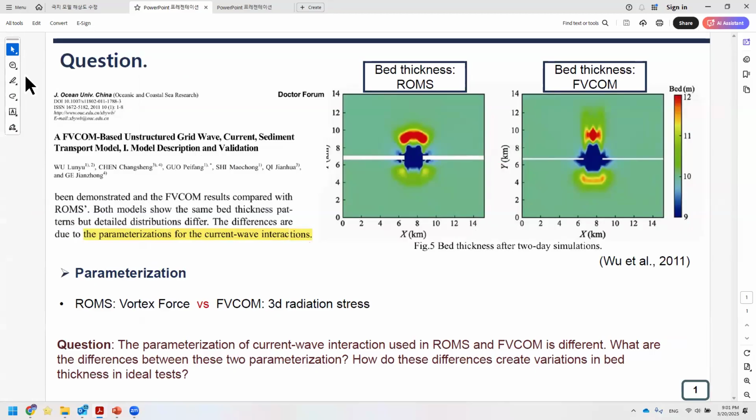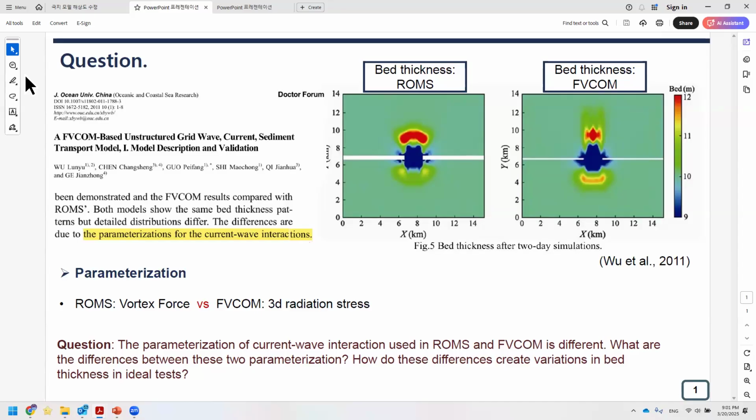Then FVCOM SWAVE is second order approximation, so that's why accuracy is different. The wave structure differs not only in parameters, because the wave is doing the coupling, a two-way model, so in this comparison one is first order approximation and the second is second order.